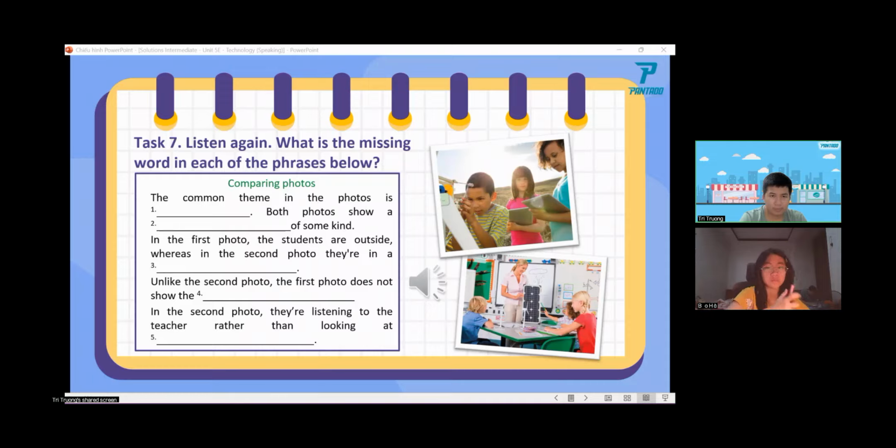There are lots of pictures and charts on the walls, and it's quite colourful. Unlike the second photo, the first photo does not show the teacher. In the second photo, they're listening to the teacher rather than looking at tablets. Do you think the students are finding their lessons interesting? Interesting? Yes, I do. Not all of them seem very excited, but they look to me as if they're concentrating and happy, so they must find it interesting. And it's really important to enjoy lessons at school, because if you enjoy it, you learn better. If you aren't enjoying a lesson, you often stop concentrating, and then you learn nothing.